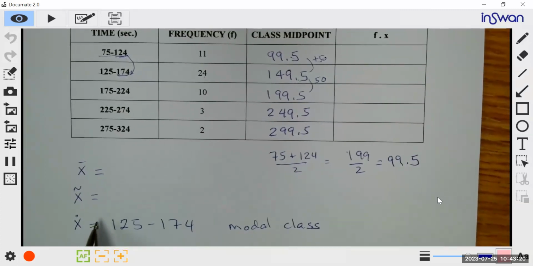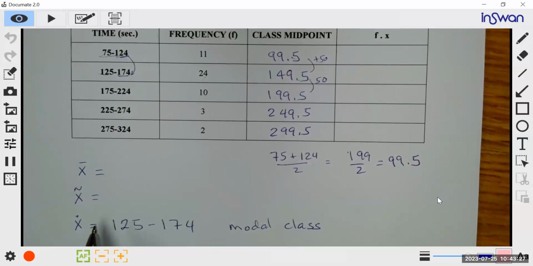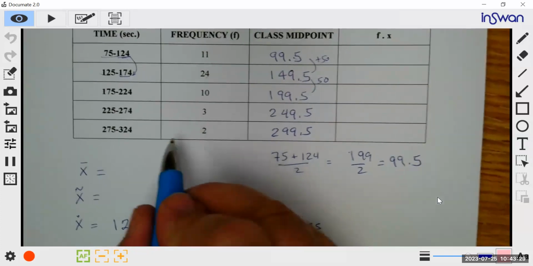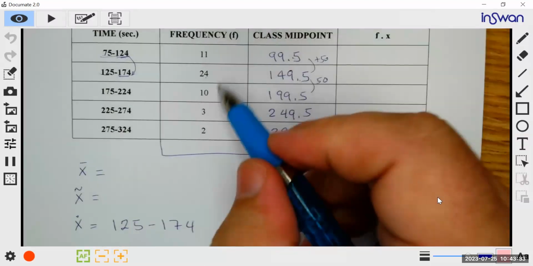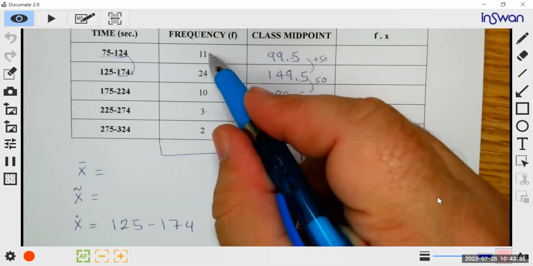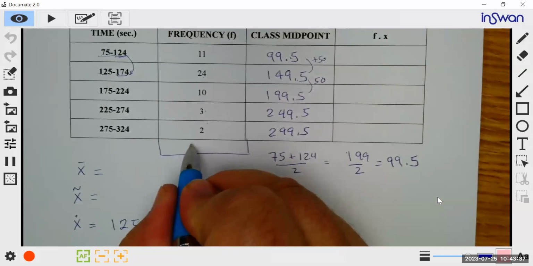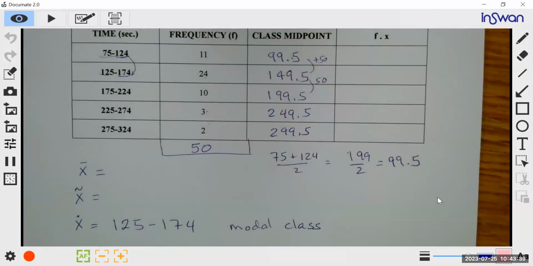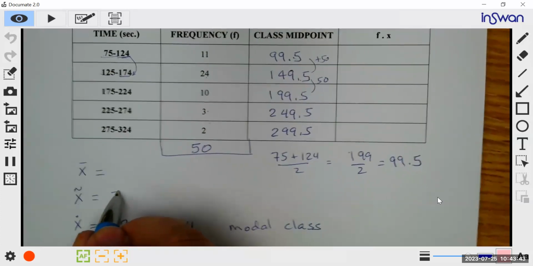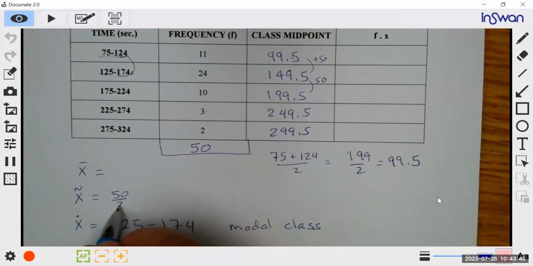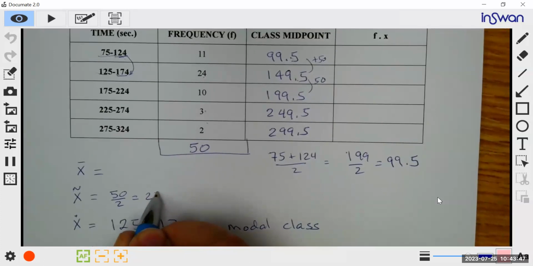How about our median? Can we find our median? How do we find our median? Add the frequencies. So it's 5, 10, makes it 50. There's 50 of them. 50 divided by 2 is 25.